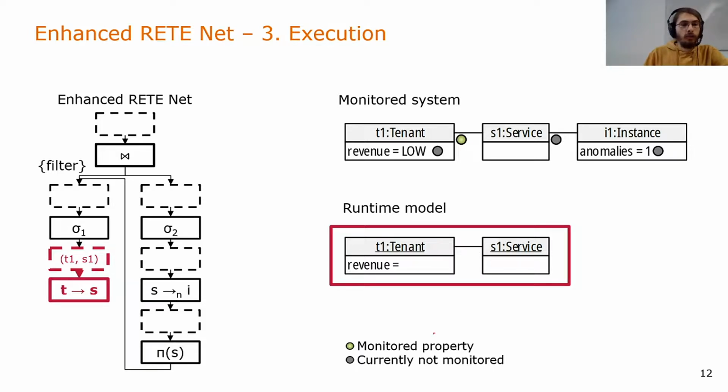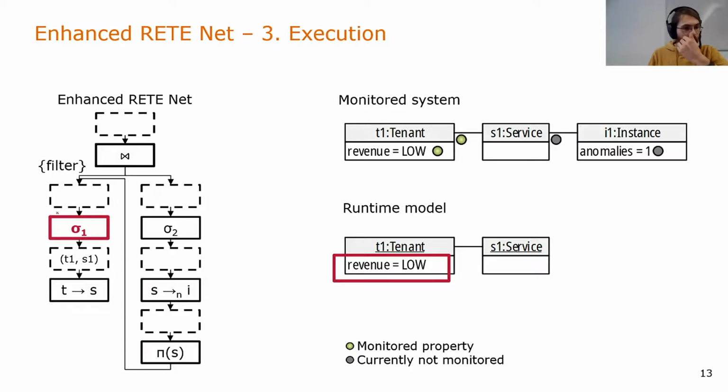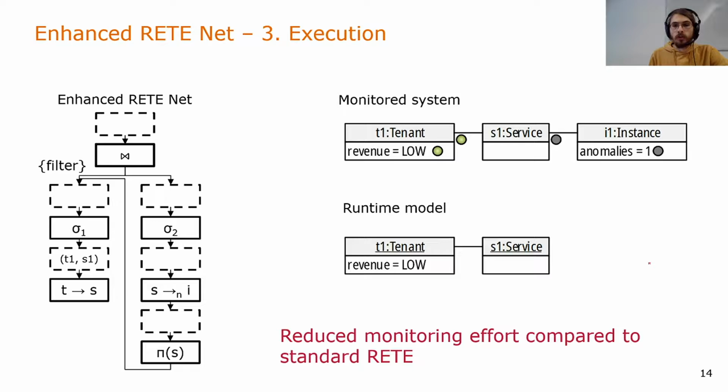And then that tuple is further processed by the selection node sigma1, where the constraint over the tenant revenue is checked.